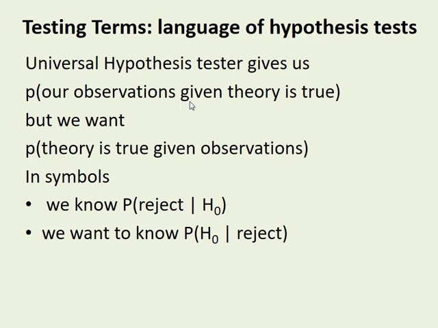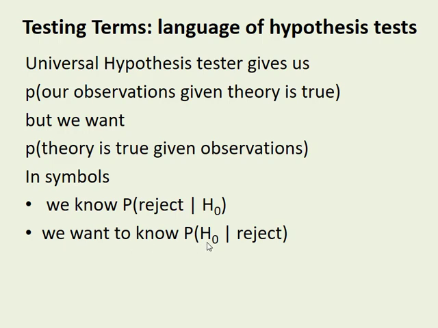What we want is to flip this round and get the probability the theory is true given that we've got these observations. In symbols, we do know the probability of a reject result if H0 is true. We want to flip it around: I've got a reject result, so what's the probability of H0 given that reject result?